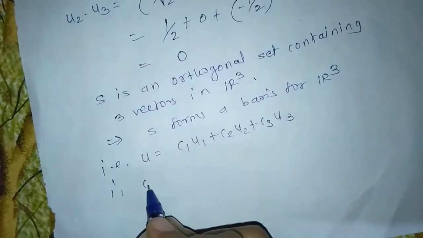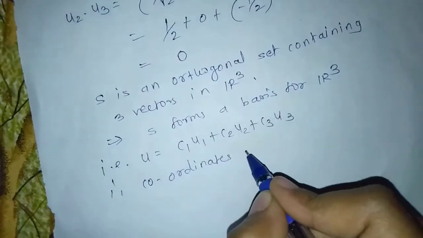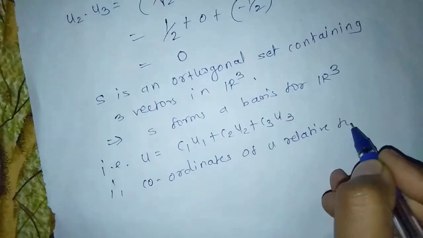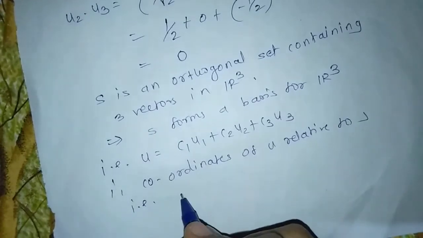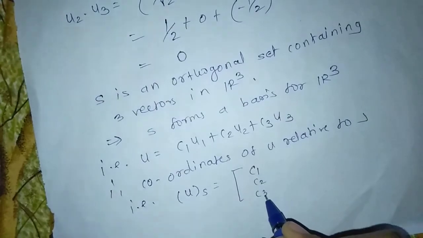Therefore, the coordinate of u relative to S is [u]_S equal to (c1, c2, c3).